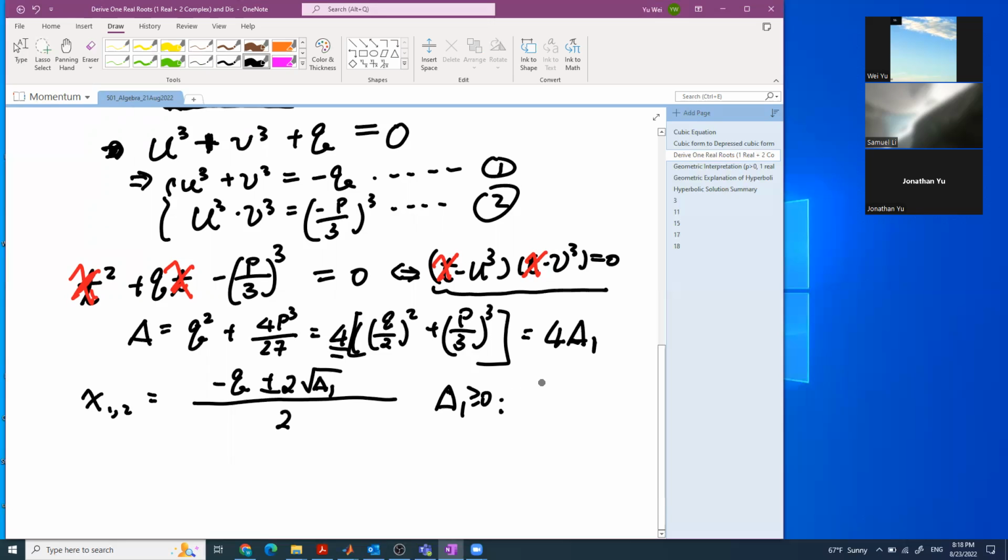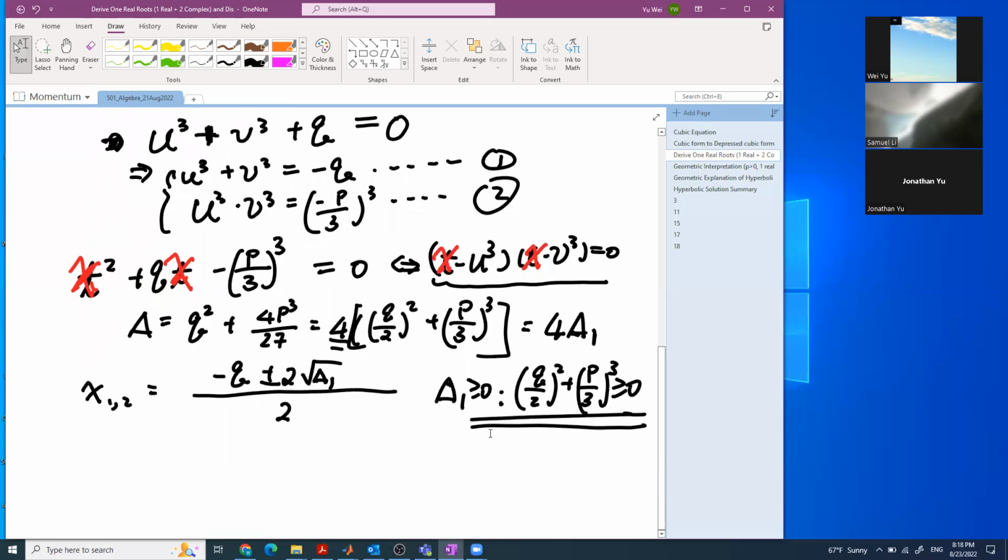In essence, (q over 2) squared plus (p over 3) cubed should be greater than or equal to 0. Do you guys agree with me so far? Yeah. Okay, no problem. Sam, how about you? No problem. Okay, then it's negative q over 2 plus or minus delta 1, right?